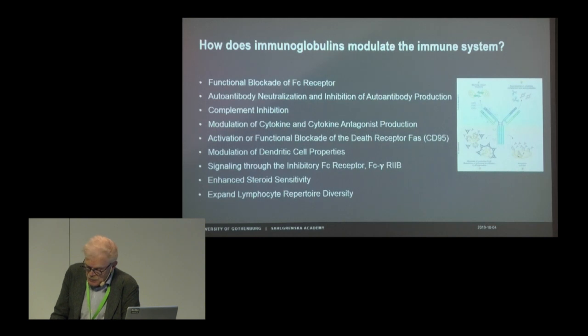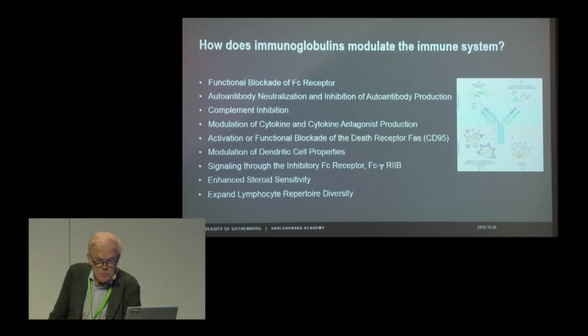I don't go into details in this, but you can blockade the receptor for the tail, for example, the Fc. The immunoglobulin can have antibodies to antibodies, and in that way block other antibodies, for example, cross-reacting antibodies.